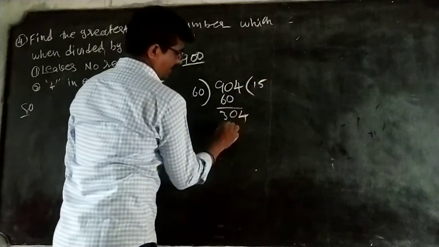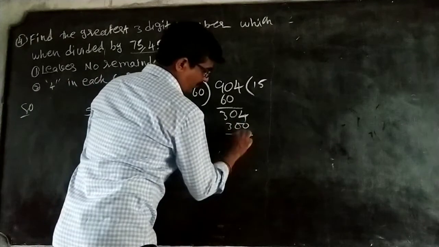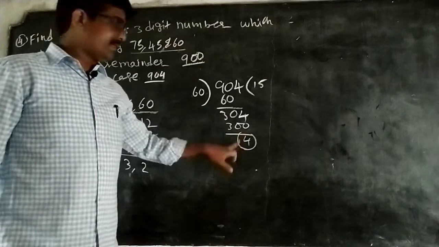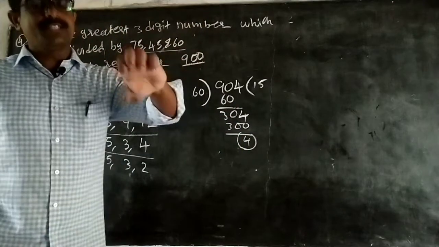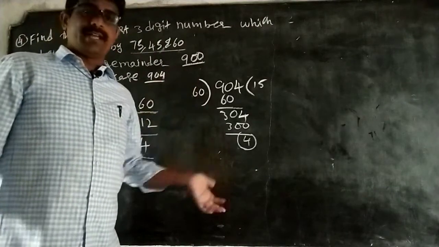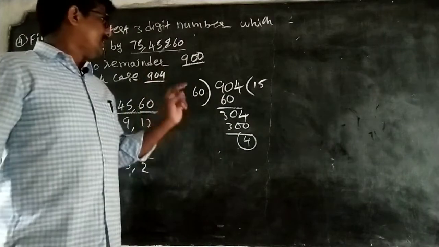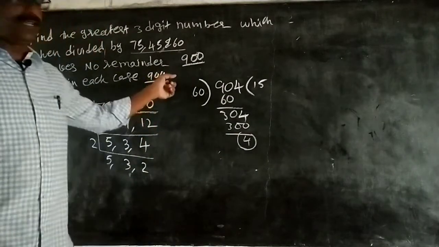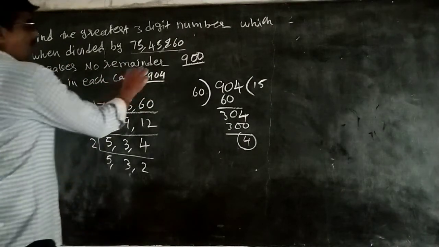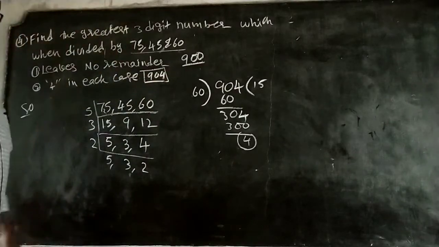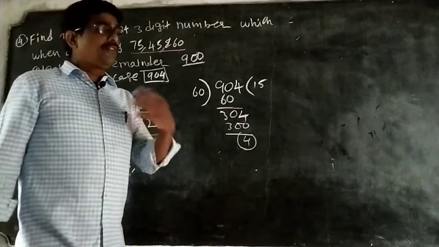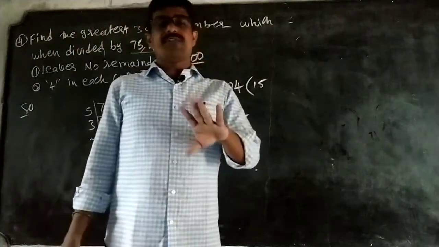No remainder means just find the LCM. Understand? Is it clear?